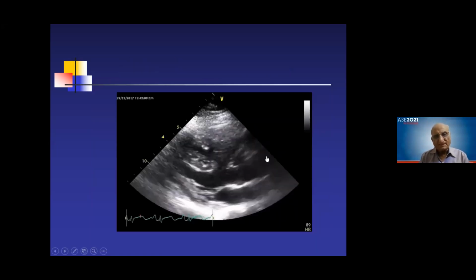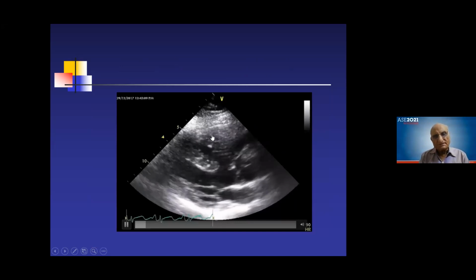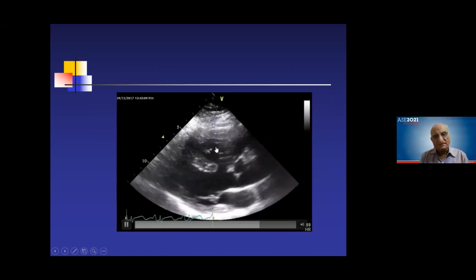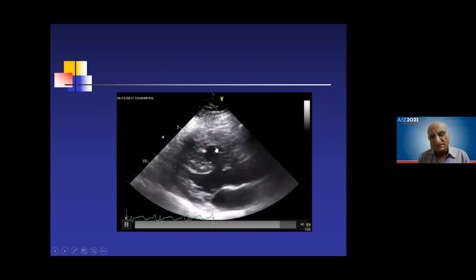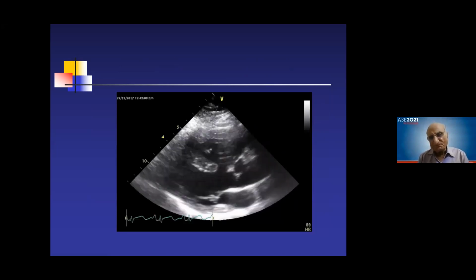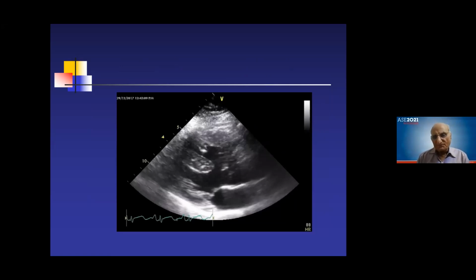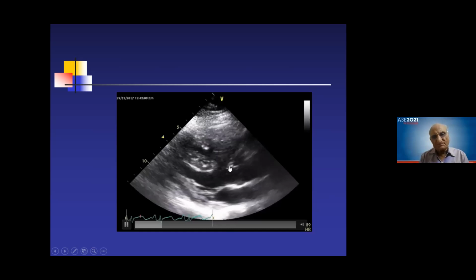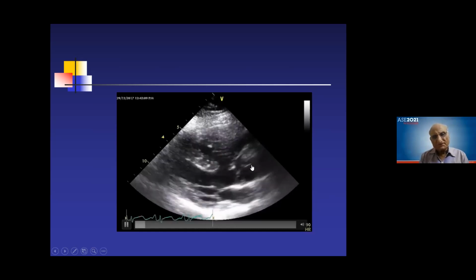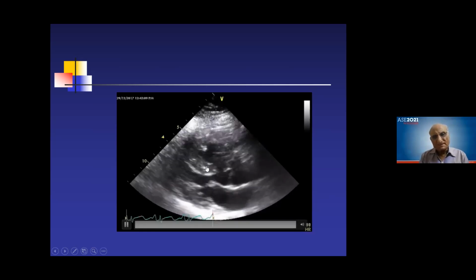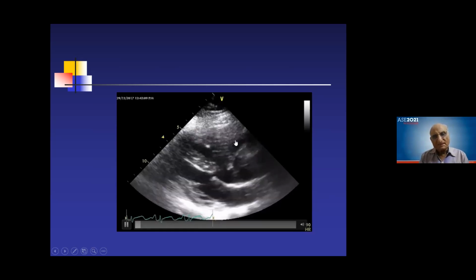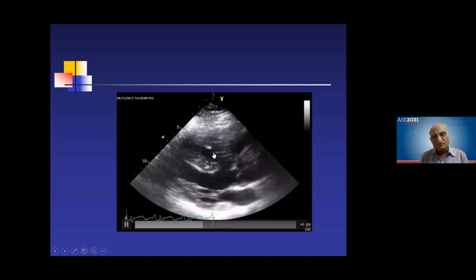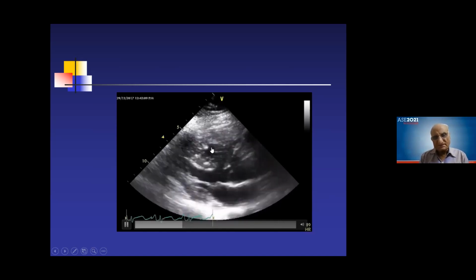Now you see there is marked RVH present, in the parasternal long axis view. Whenever you see a contrast, you see where it goes and at what time it goes. Here it is very evident the patient has a large VSD with significant RVH, so we expect a shunt from right to left, but this is only for demonstration purposes.